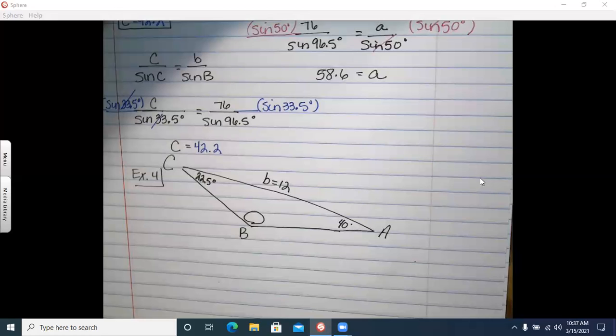Make sure you round to the nearest tenths place for your angles and your sides, please.